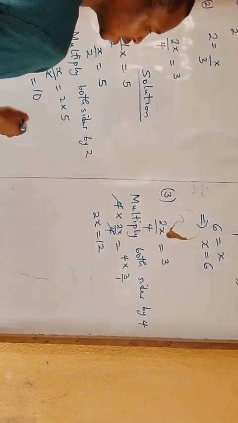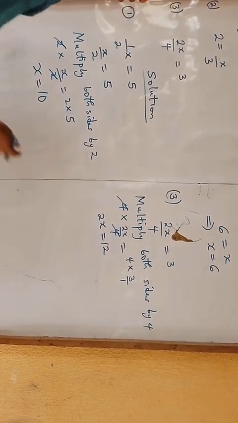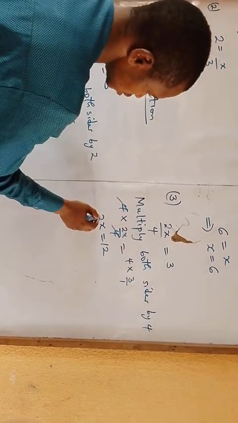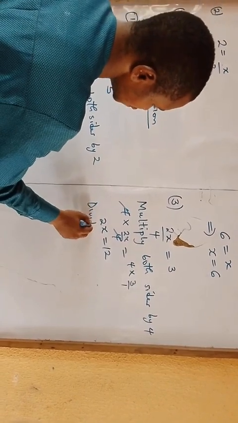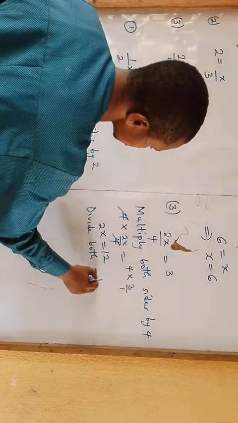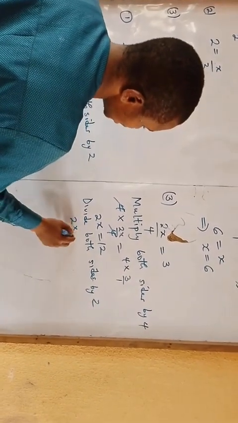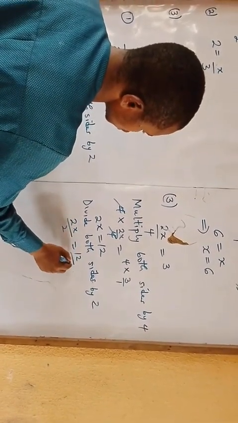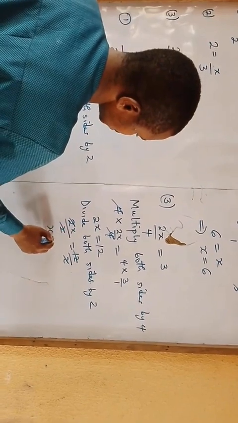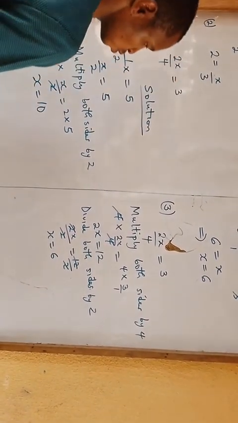And the next step to take here is to divide both sides by 2, which is the coefficient of x. So we are going to have 2x over 2 is equal to 12 over 2. And our final answer will be 6. So x is equal to 6.